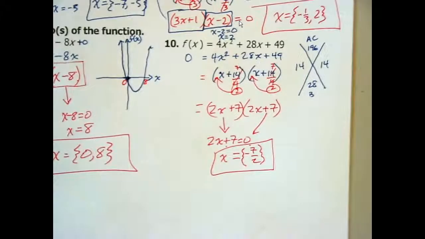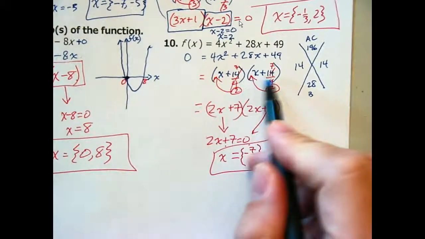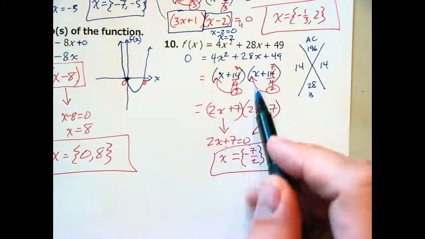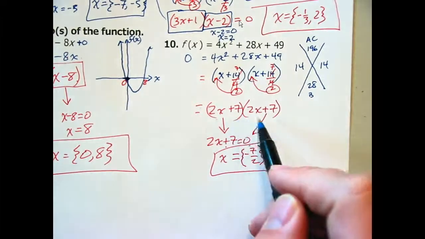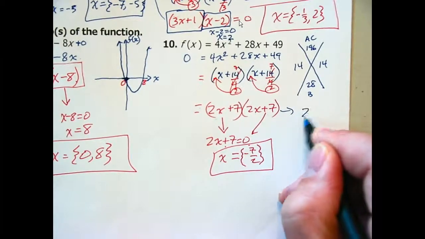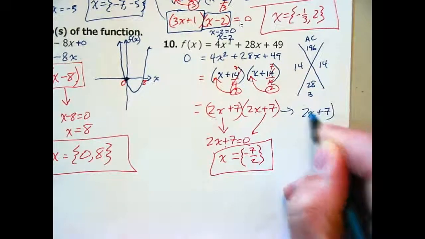Hey, if you guys want to know the shortcut, this is a special type of quadratic. This is a perfect square binomial. That means this 2x plus 7, we could actually write as 2x plus 7 quantity squared.